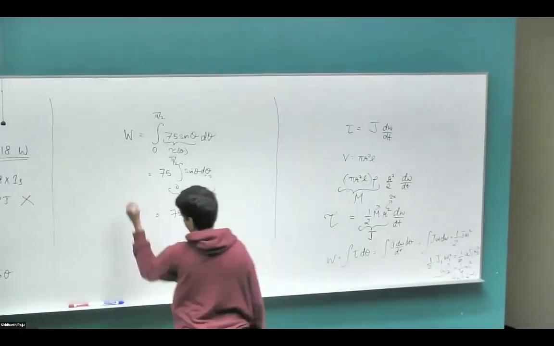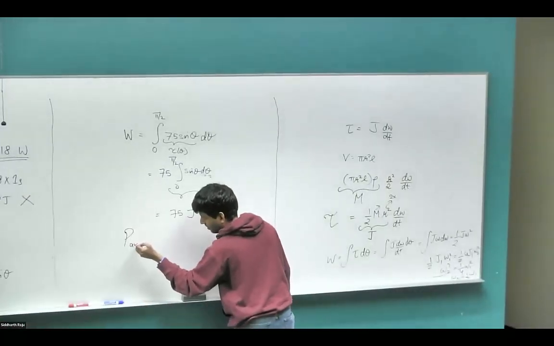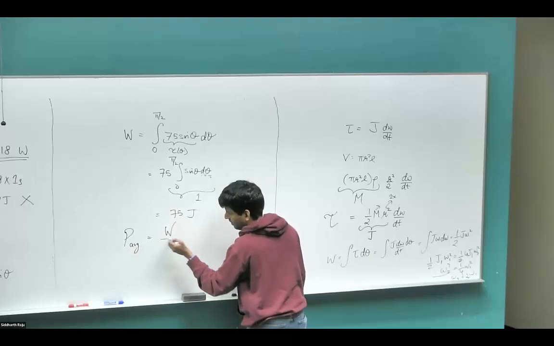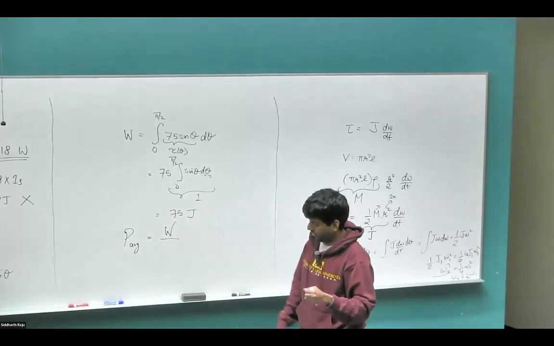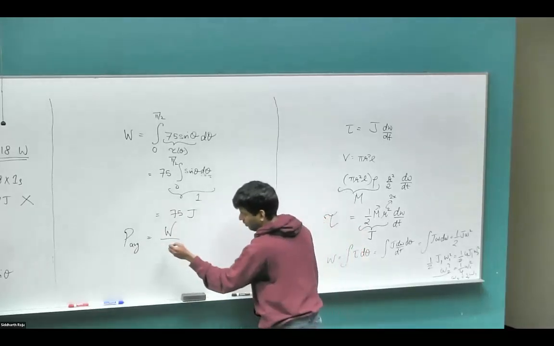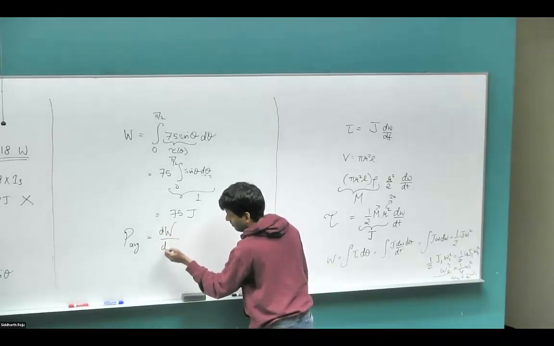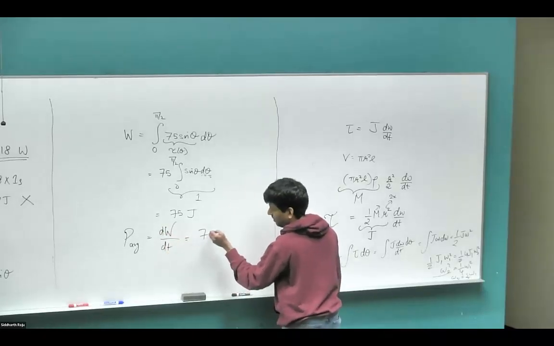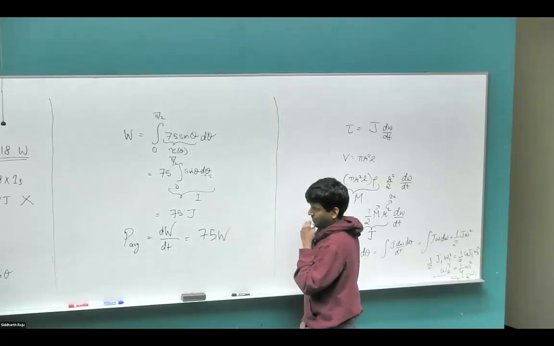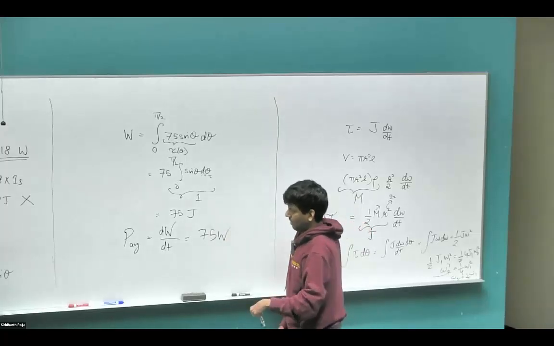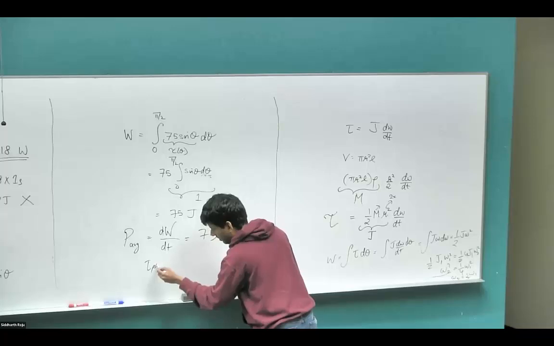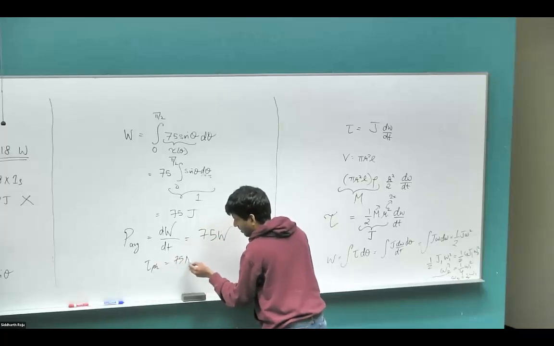To get the average power, take the energy that's being put into the weight going from 0 to 90 degrees divided by the time it took, dW by dt. It took 1 second. So 75 watts. Our peak torque itself was 75 Newton meter.